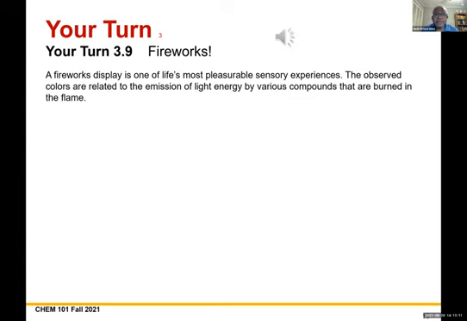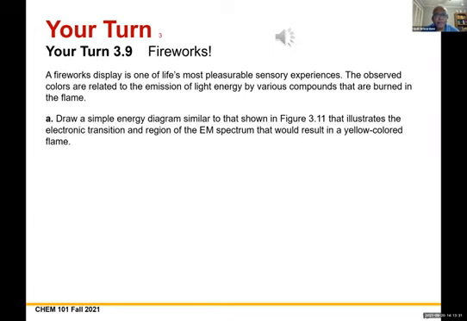Fireworks are created by different metal compounds included in explosives. When they burn, the electrons get excited to a high level. When they come down, they emit certain colors. Thermal energy from the explosives is directly converted to light energy.